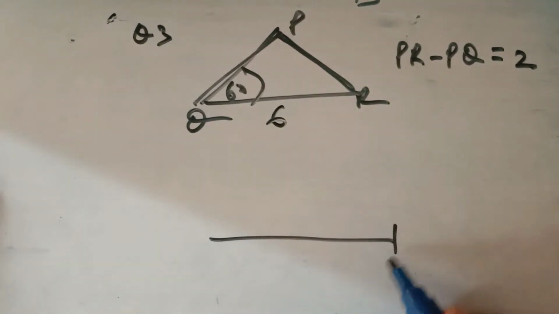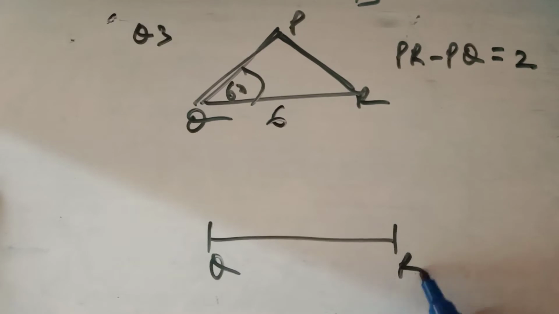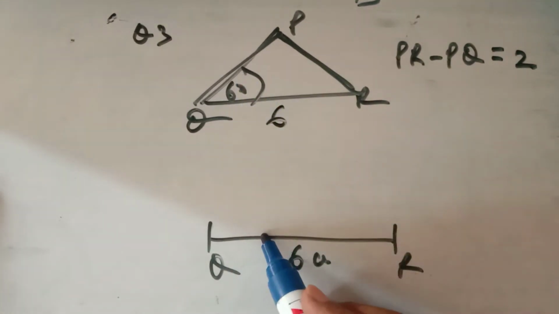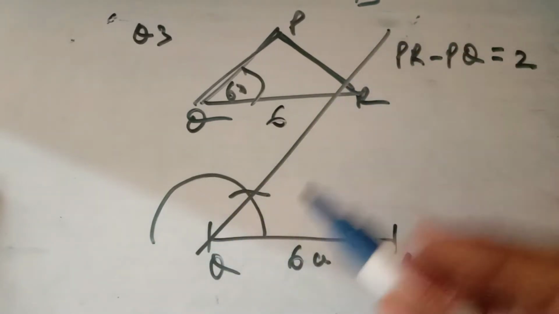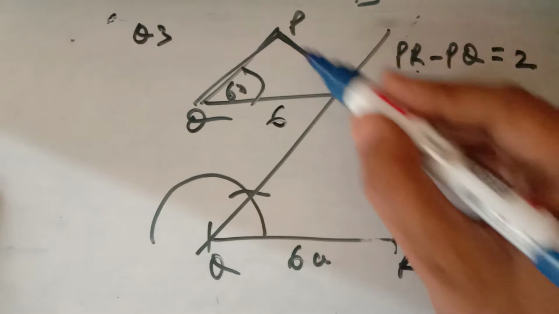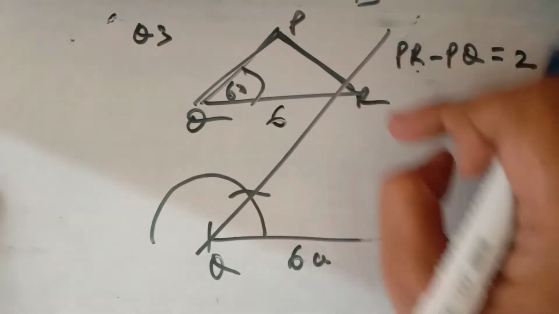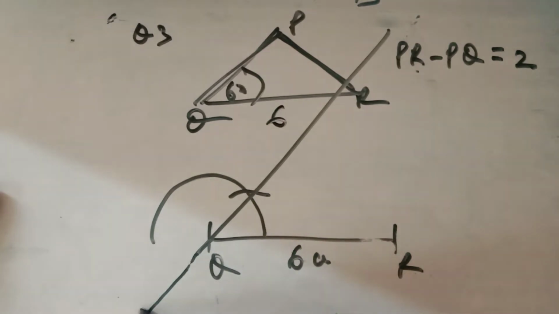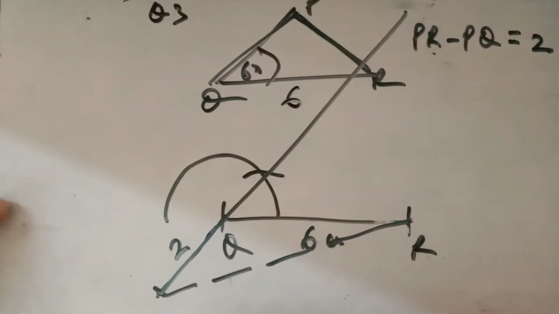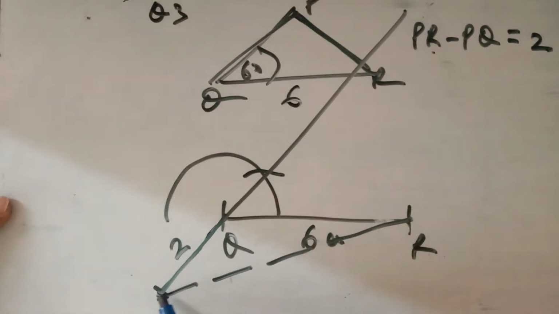First of all, you draw the side QR which is equal to 6 centimeter, then draw at Q an angle of 60 degrees. Now the difference between the sides PR and PQ is given, not PQ and PR. So you have to draw the difference of these two sides backwards. Here, 2 centimeter, draw it and join with this R, and draw the perpendicular bisector of this.